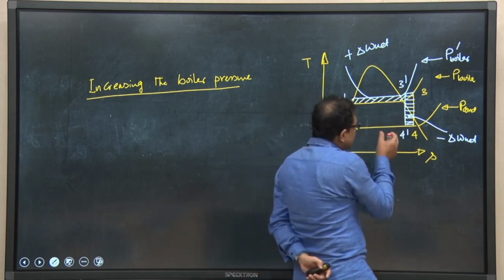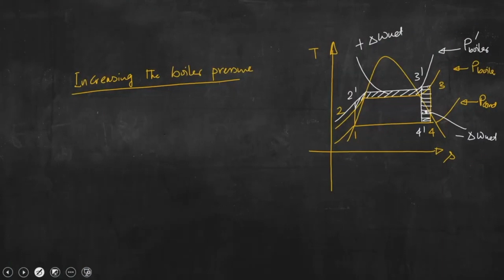Now, if you look carefully, though we are going to compromise this delta W net, we are getting plus delta W net, which is almost equal to minus delta W net. So the overall effect is null.